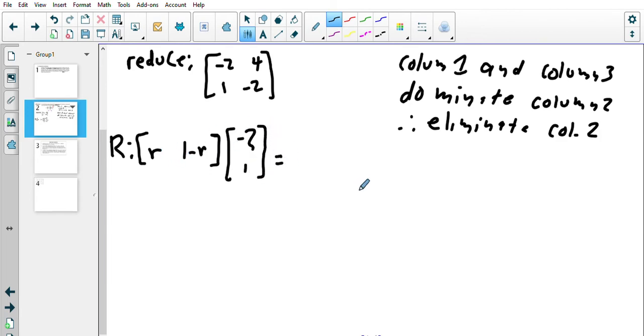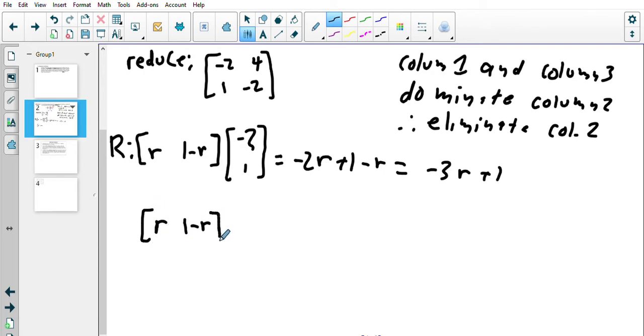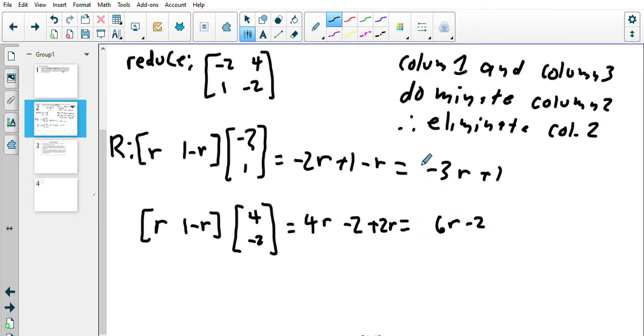So R times -2, -2R. 1 minus R times 1 is 1 minus R. So that'll give us -3R plus 1. And let's see how that does against the second column. 4, -2. So that gives us 4R minus 2 plus 2R, or 6R minus 2.